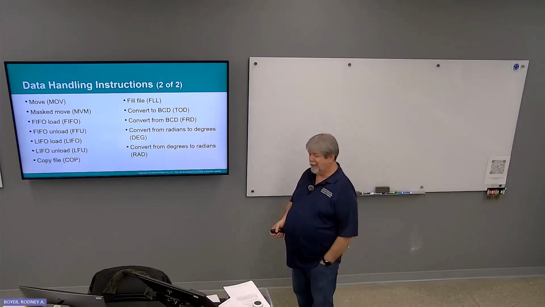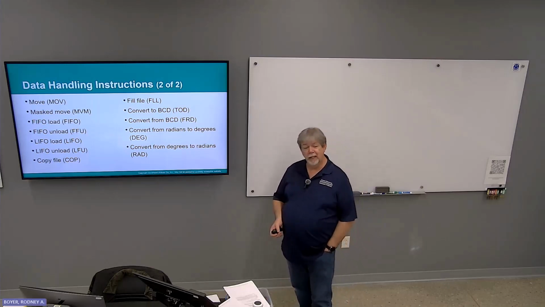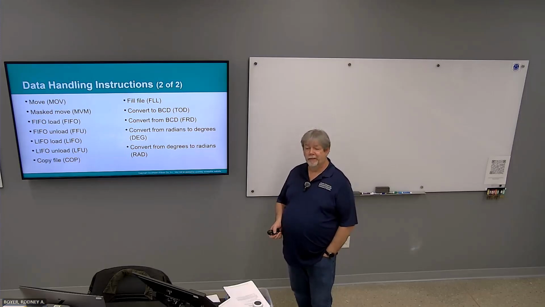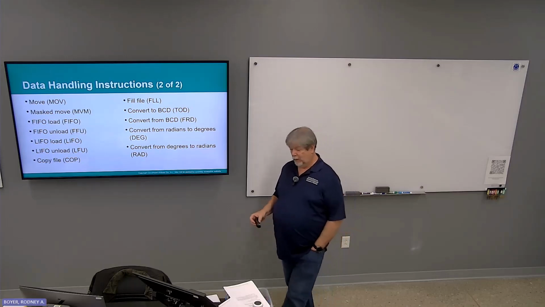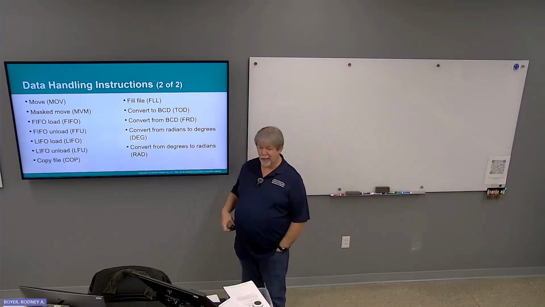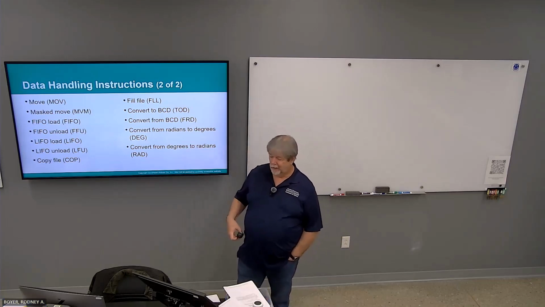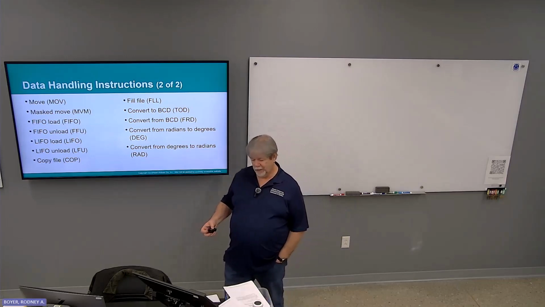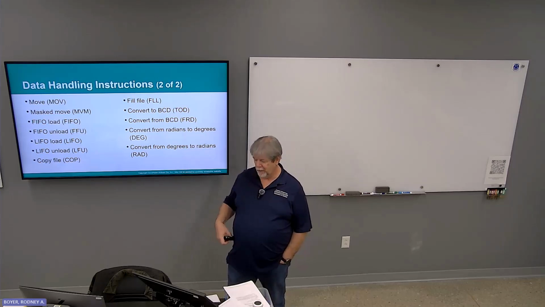Convert to BCD. Remember what BCD is? Binary coded decimal. So we're going to convert things to BCD, convert things from BCD, convert radians to degrees, and then degrees to radians.